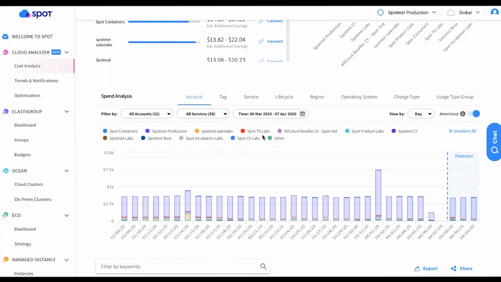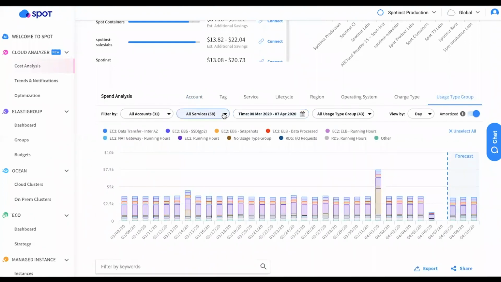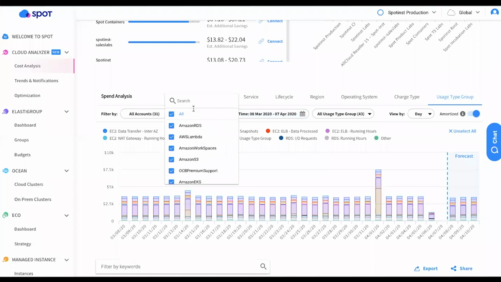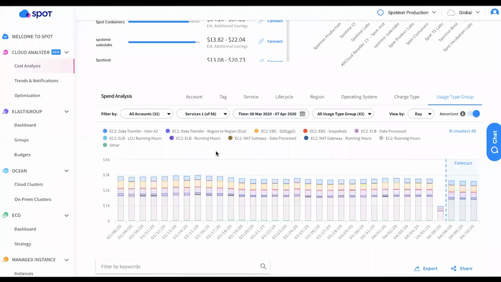Let's just take an example over here, and we'll look at the usage type group. We'll group the cost in that way. And then I only want to look at EC2, so I'll go over here and search for EC2, and I'll select it. And here we go. It's going to refresh, and it's now going to show me just my EC2 spend, but broken down by the various subcomponents, the different usage types within EC2.